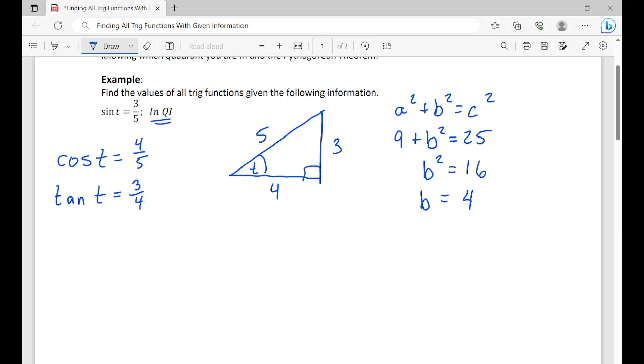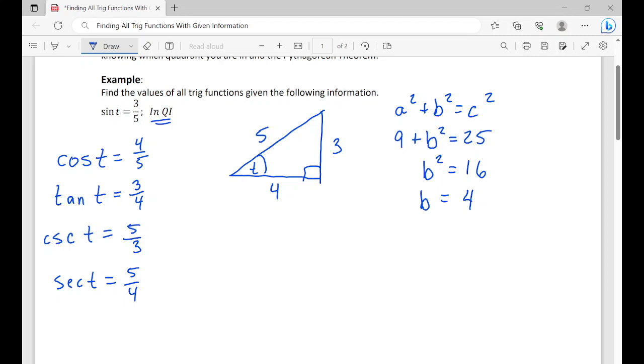Now once you get those 3, the rest are pretty easy. Let's do cosecant t, and that's just sine reciprocated, so it's going to be 5/3. Next we can do secant t, and that's just cosine reciprocated, so that's going to be 5/4.